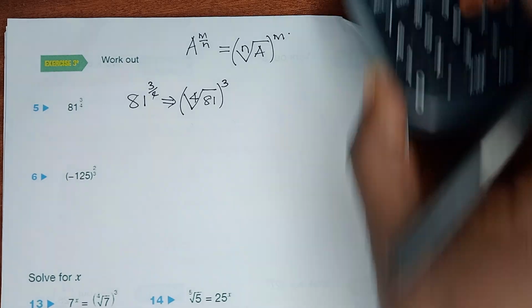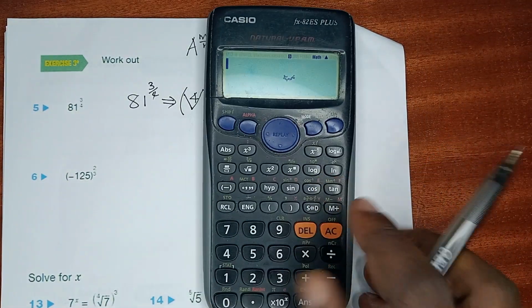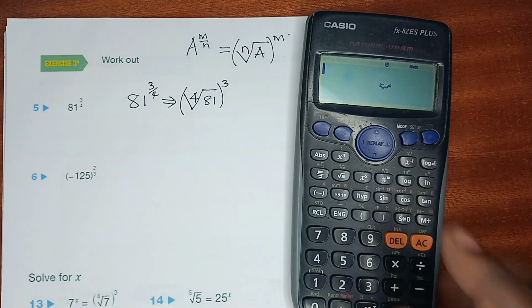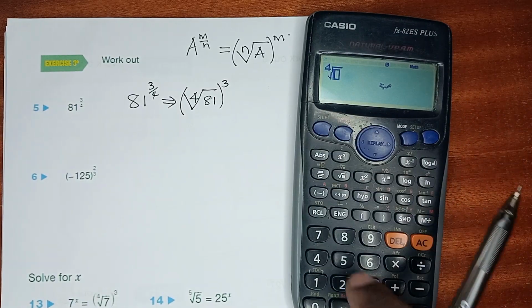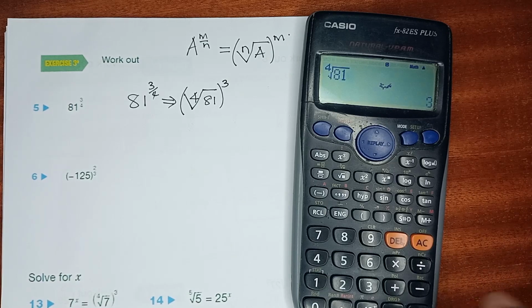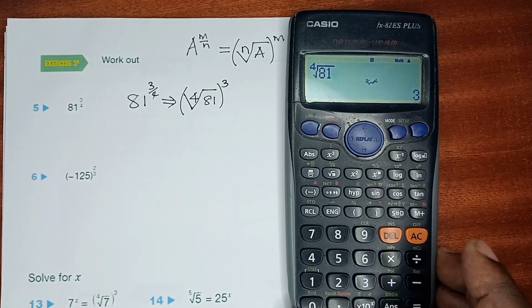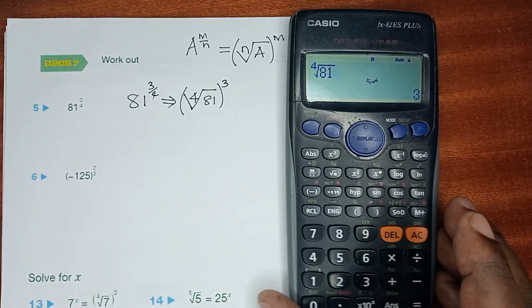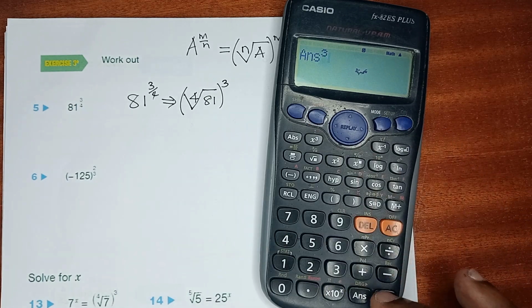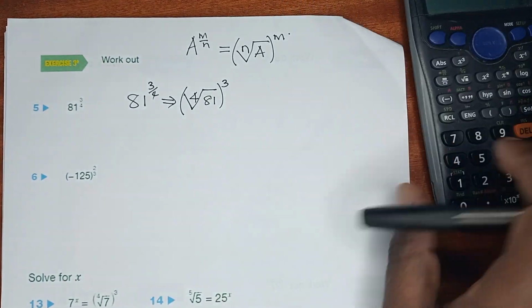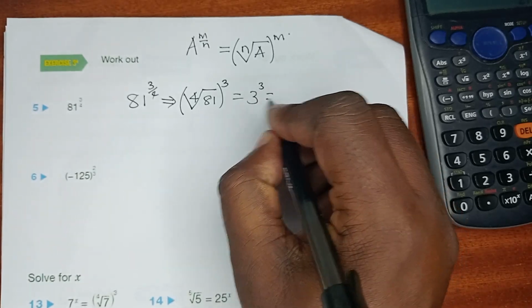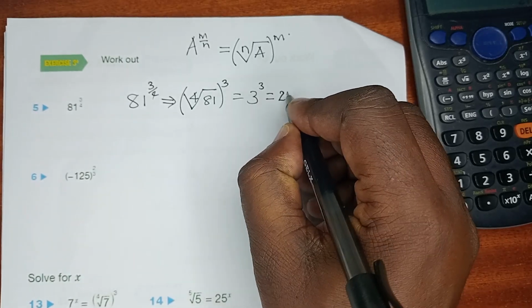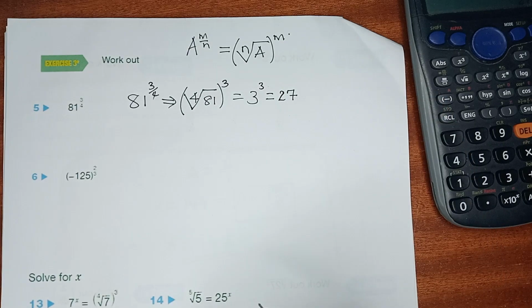And let us consult our calculator and see what is the fourth root of 81? It is 3. Now, 3 raised to power 3, all of us know this is 27. And that is the response to question number 5.